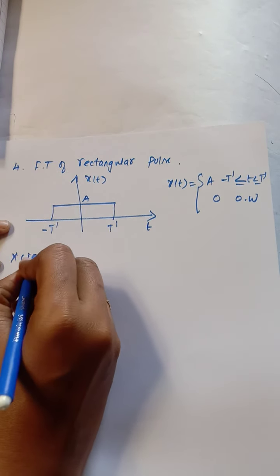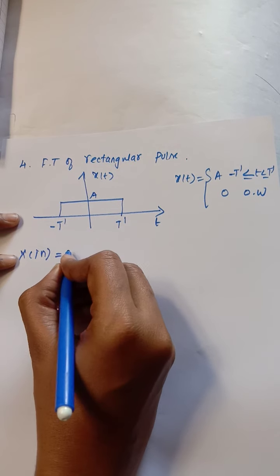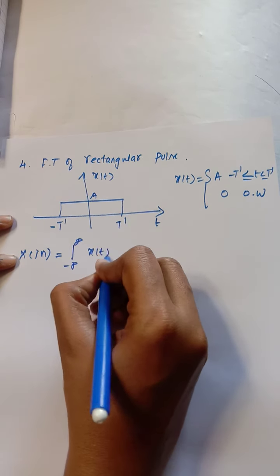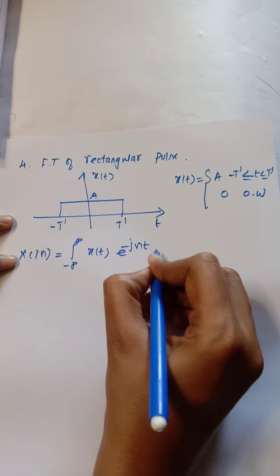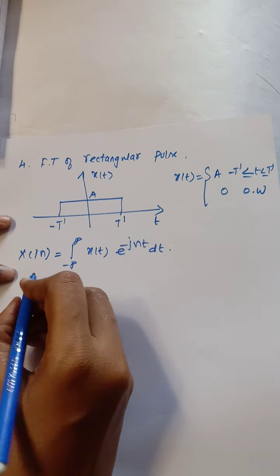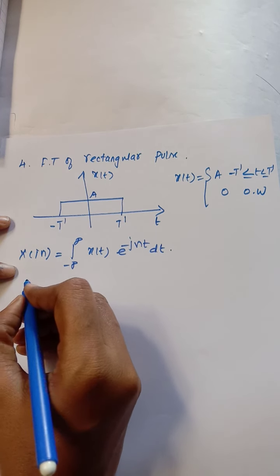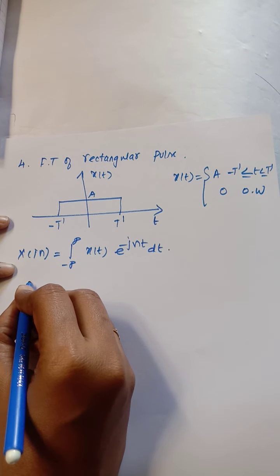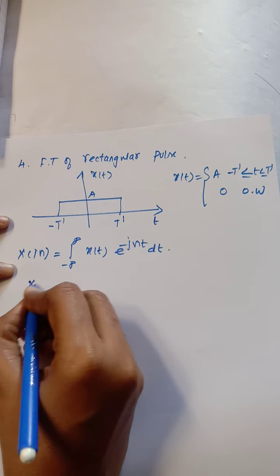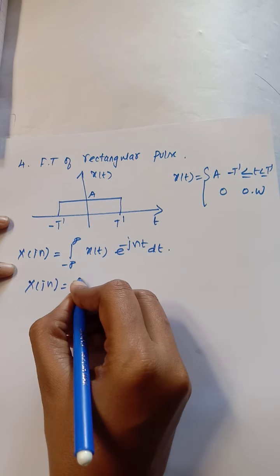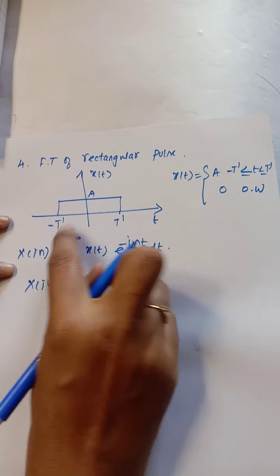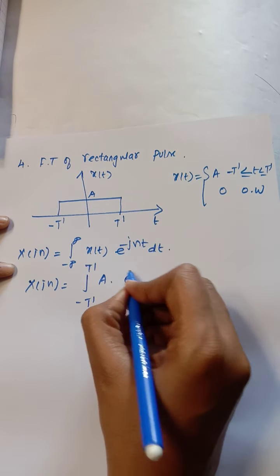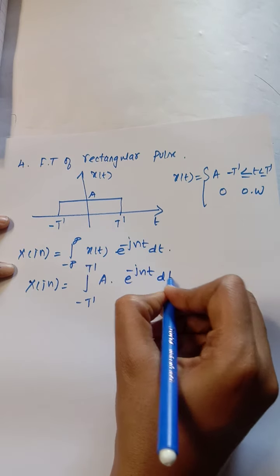Now this is the formula: X of j omega is equal to the integral from minus infinity to infinity of x of t e power minus j omega t dt. You need to find X of j omega. So here the integral is from minus t dash to plus t dash, the amplitude is a, e power minus j omega t dt.